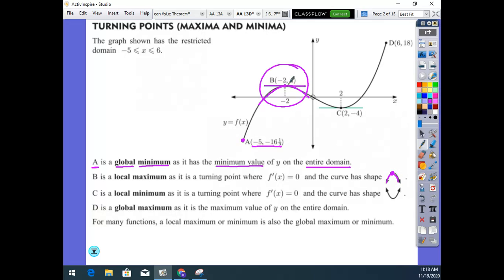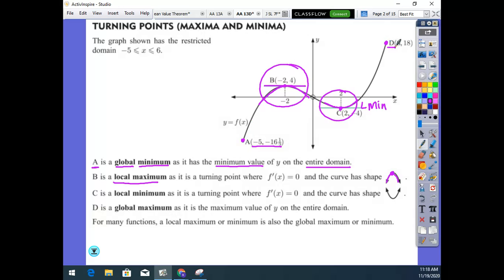It's the highest point here, but there are still other points on the graph that are higher. So it's a max in that local area. Same thing here. The bottom of a hill is a local min because it's the smallest value in that circle, but there are other values over here that are below.